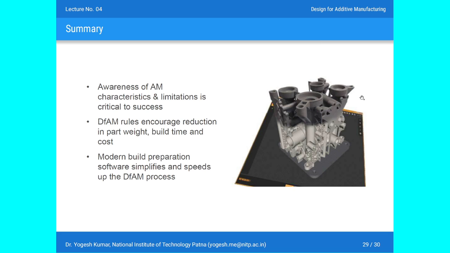In the last slide, you can see a complex component, and how much care needs to be taken for printing this kind of component. Maybe we may not avoid support structure, but we need to orient the component in such a way that all the items discussed under design for additive manufacturing are taken care of.